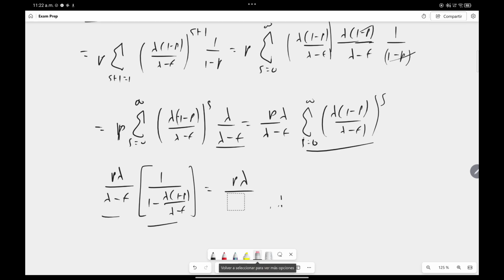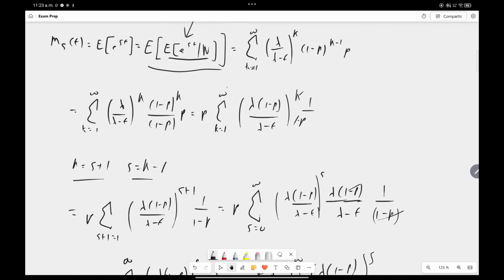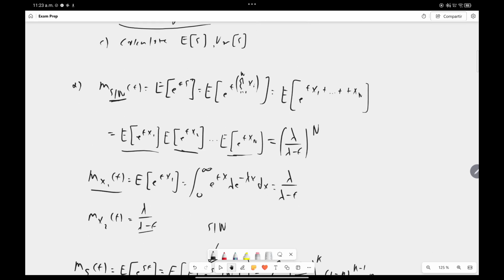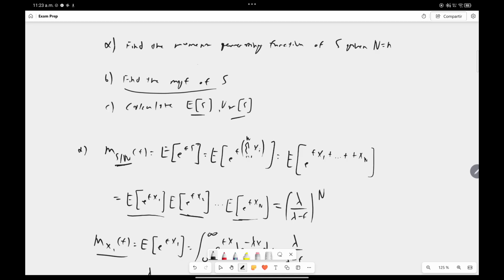Wait a second. Let me do this again. Lambda minus t minus lambda plus lambda times p. And then these two lambdas cancel out, and you're left with lambda p over lambda p minus t. And so this is the moment generating function of s. Oh my gosh. Okay.